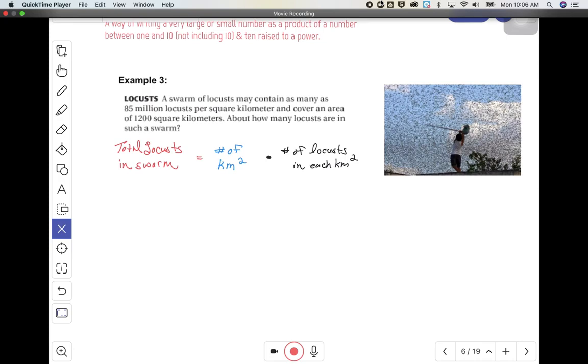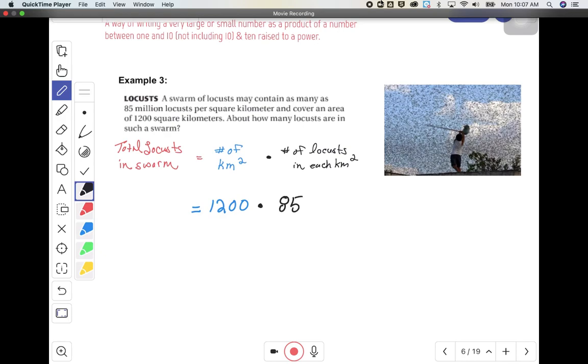So now I'm going to start to fill in what I know about the problem. For instance, the problem lets me know that this particular swarm of locusts takes up 1,200 square kilometers. They also tell me that in each of those square kilometers, we have 85 million locusts. That's 85 with 6 zeros on it.